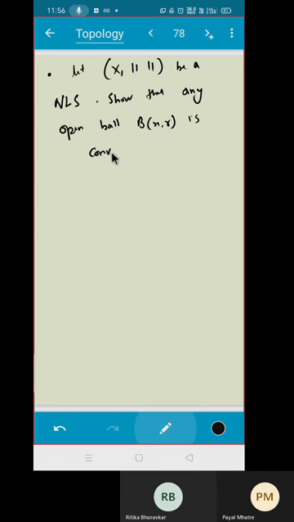Can you prove this? How are you going to prove this? To prove something is convex, what are you supposed to prove actually? You are supposed to prove that the line segment set is completely lying in this.